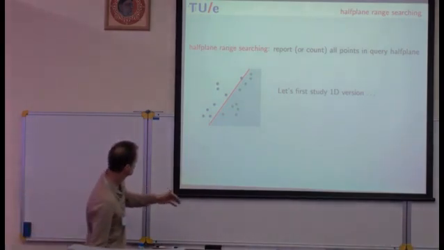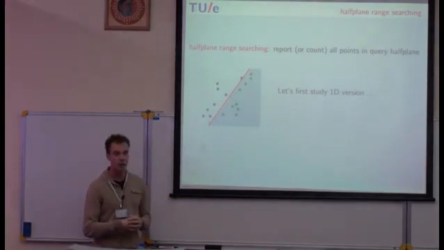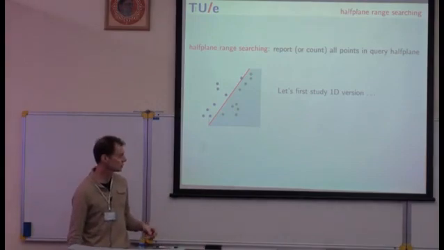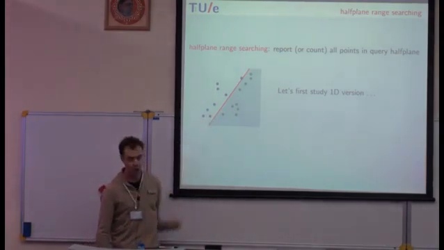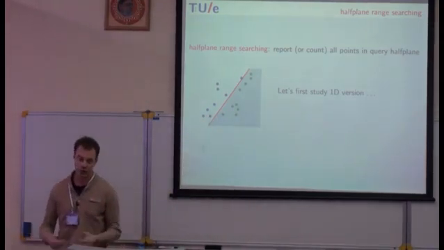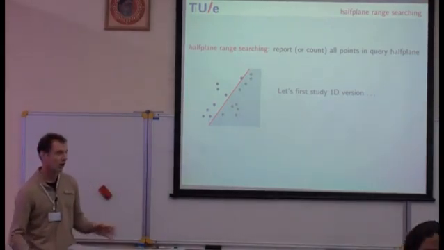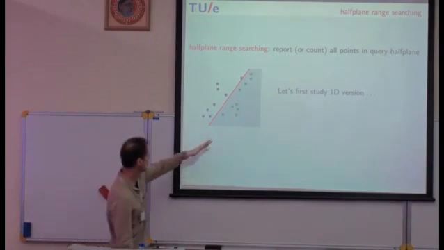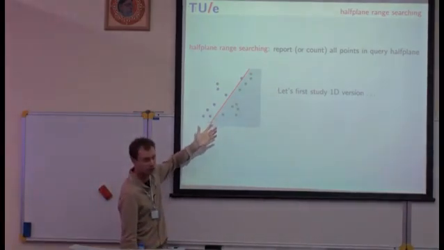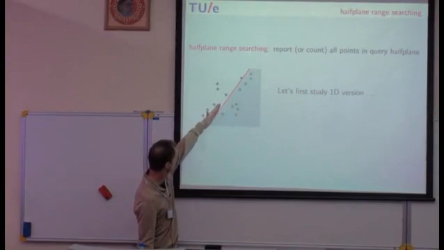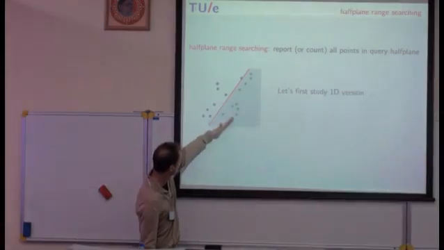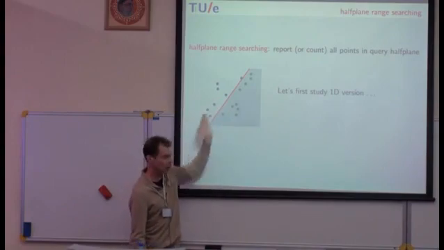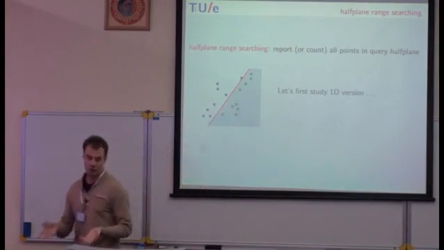The basic query problem that you study when you look at partition trees is: I have a set of points in 2D, and I want to store them in a data structure so that you can quickly count how many points are below a line, or in other words, how many points are contained in a half plane.